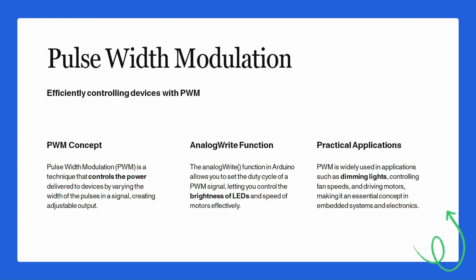Second one is the analogWrite function. We have learned about the analogWrite function many times in the training. The analogWrite function in Arduino allows you to set the duty cycle for a PWM signal, letting you control the brightness of LEDs and the speed of motors effectively.